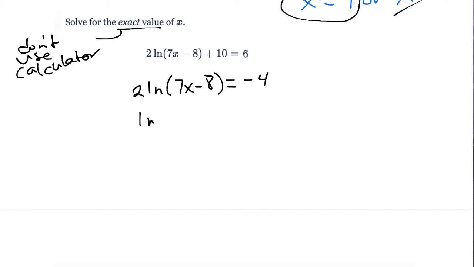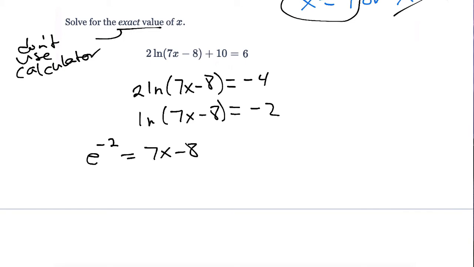So the natural log of 7x minus 8 is equal to negative 2 if I divide by 2. And now we could say that e to the negative 2 is equal to 7x minus 8.